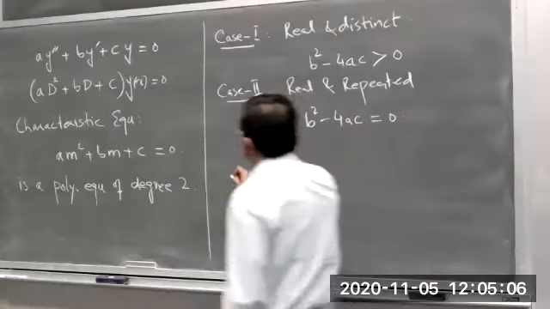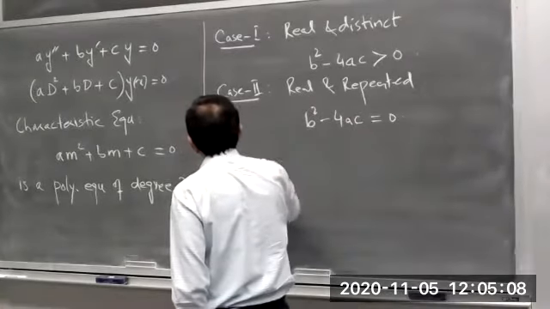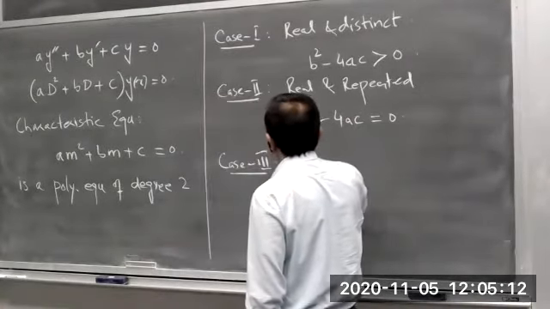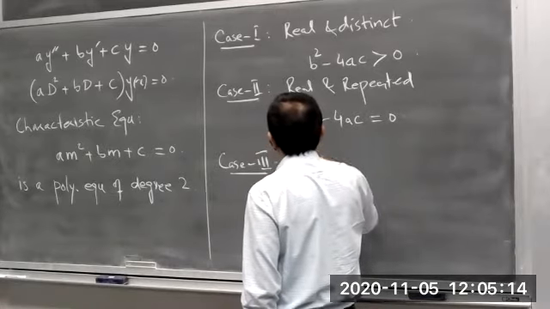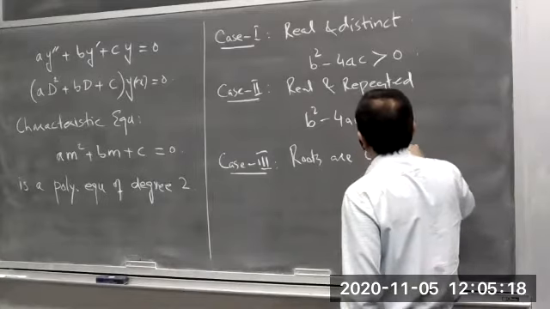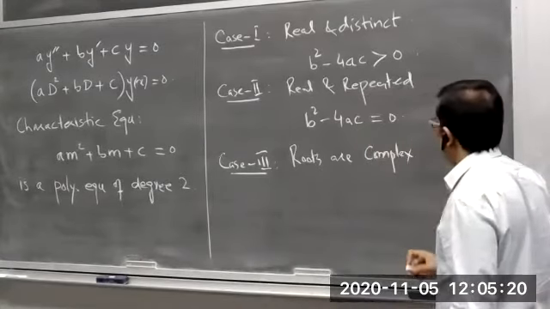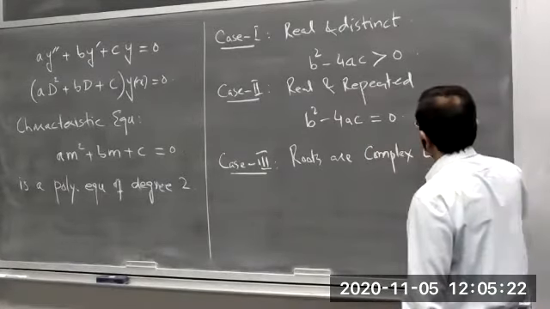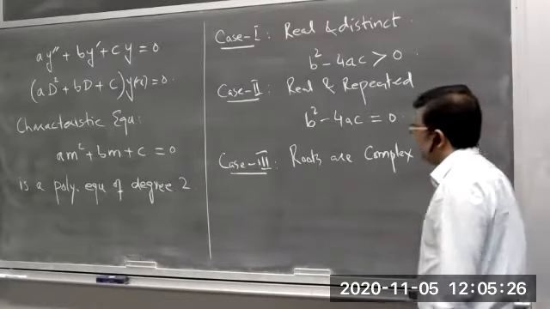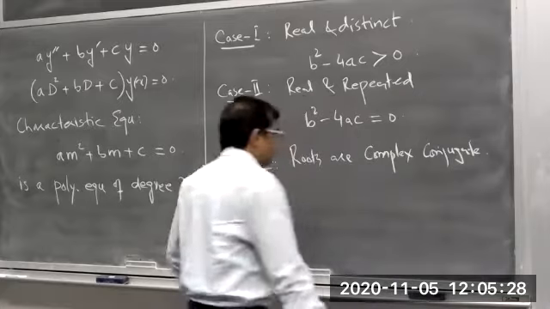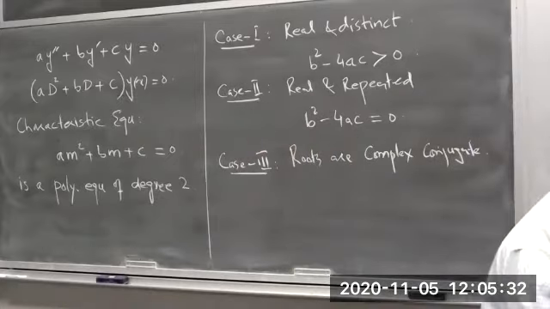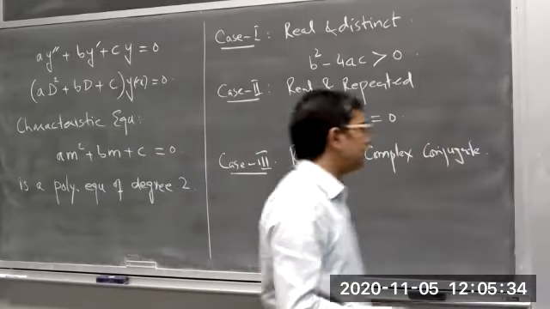Now, case 3, when the roots are complex. In fact, they are complex conjugates of each other. I hope you know complex roots always exist in pairs, plus minus.